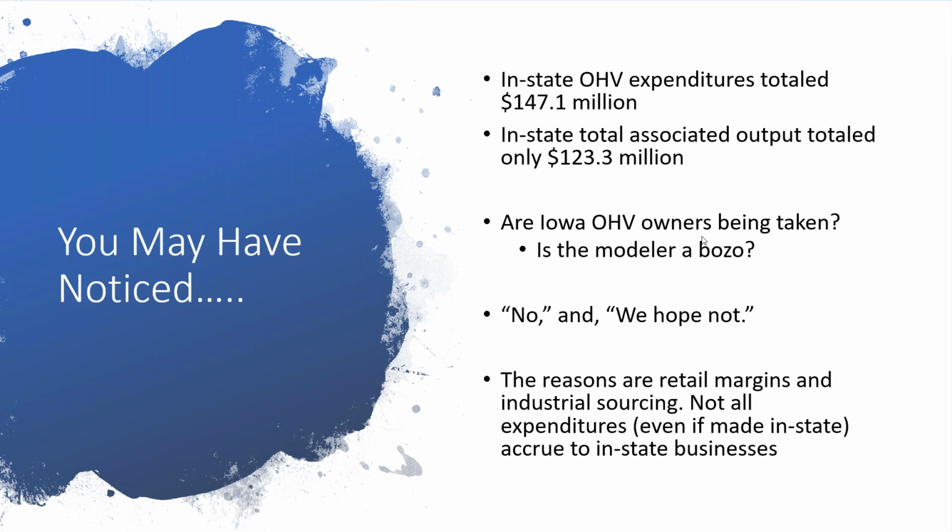The answer to the first is definitely no. And the second, we hope not, but we'll leave that to all of you. The reasons that total Iowa economic output is less than the expenditure are retail margins and industrial sourcing.